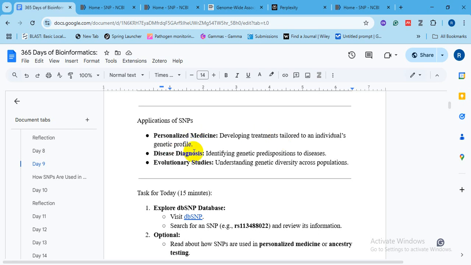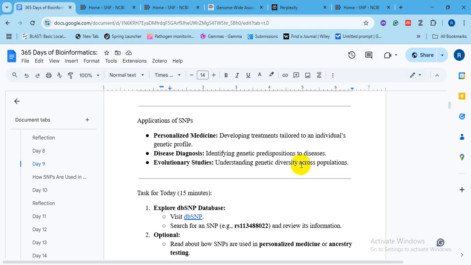Okay, what else? Disease diagnosis. Identifying genetic predisposition to disease. As we said, we link some single nucleotide polymorphisms in a specific site with specific types of diseases like cancer. So if I scan this person for these SNPs, I will have a report about the diseases that this person is predisposed to.